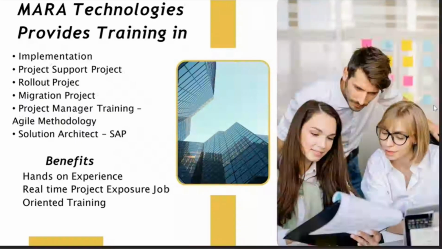For example, you are in a BBP workshop session, simultaneously you have to prepare the KDS, and simultaneously you have to prepare the RISE list also. Like that, there are more than 21 deliverables we are going to see here. So how can you deliver these 21 plus deliverables in the implementation project? This is for your implementation project deliverables.